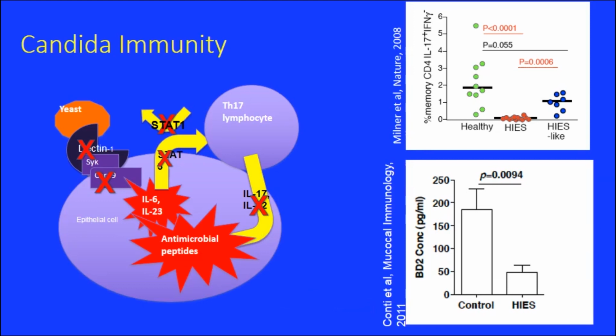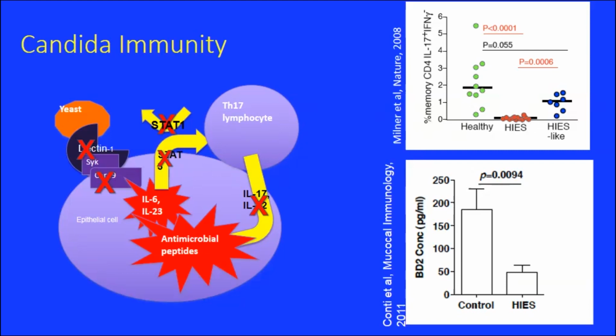So STAT1, STAT3, CARD9, probably something with dectin-1, IL-17 and its receptor, IL-22 there. And I just put some of the research that's been done at NIH looking at this pathway on top. That's looking at the number of Th17 cells. Now, this is with hyper IgE syndrome, which I study, from STAT3 mutations.